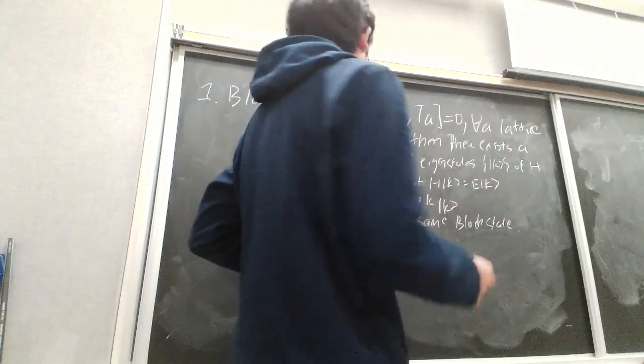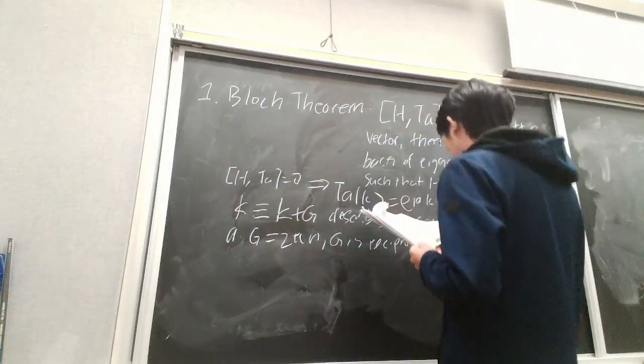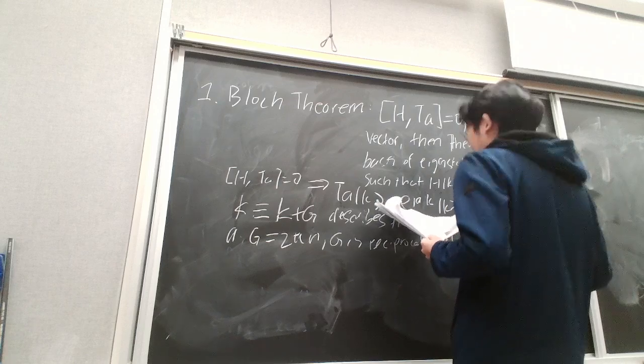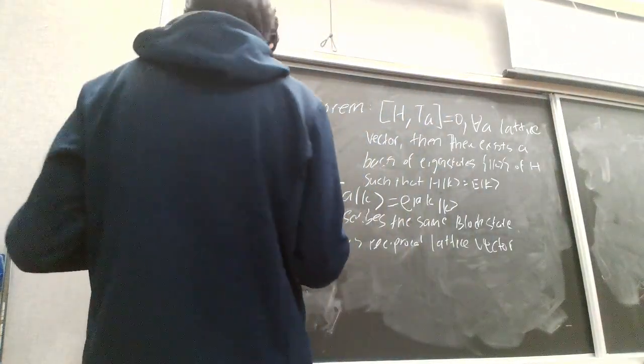Okay, G is the reciprocal lattice vector. And this leads to defining the first Brillouin zone.